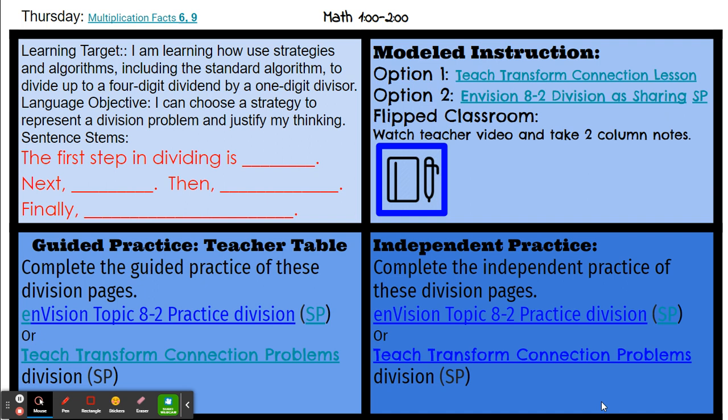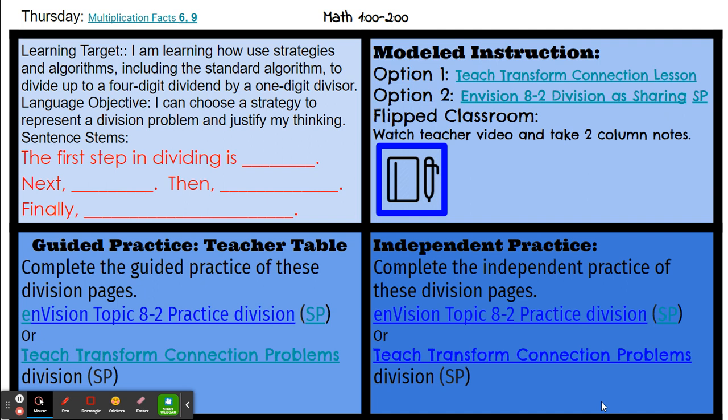And so today you're going to have a couple of different options to try your hand at division. Option 1 is a teach transform activity that looks similar to what you did yesterday, except that you're going to be thinking about the vocabulary we've learned: divisor, dividend, partial quotient, and quotient, and filling out diagrams with that.